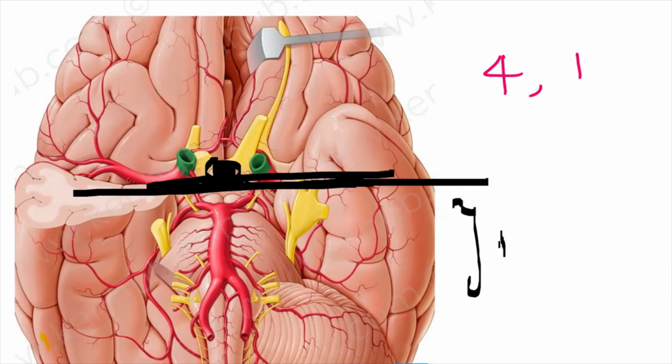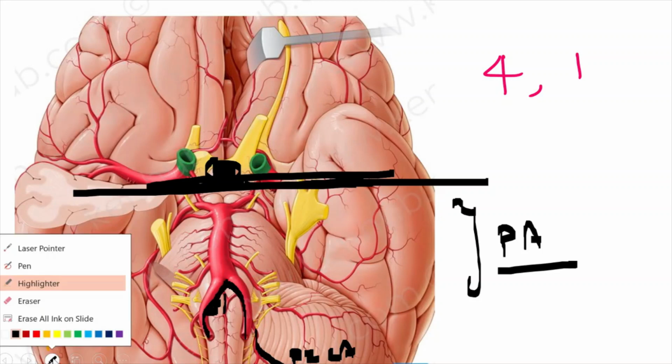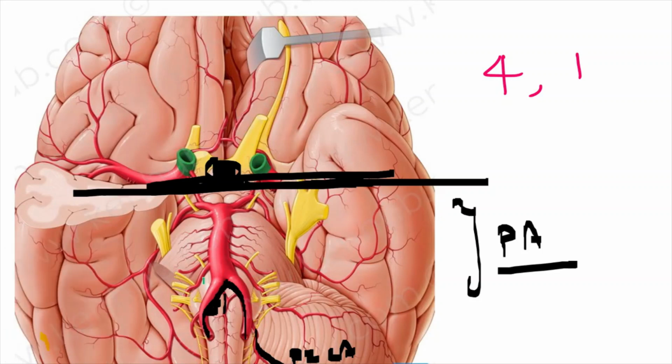This is the posterior arc, which is the component of the vertebrobasilar system. See the two vertebral arteries, we are having the anterior spinal, posterior spinal, then the posterior inferior cerebellar artery, PICA, then these medullary branches, then it forms the basilar artery. The basilar artery has the AICA, labyrinthine artery, pontine branches, and the posterior cerebral artery.